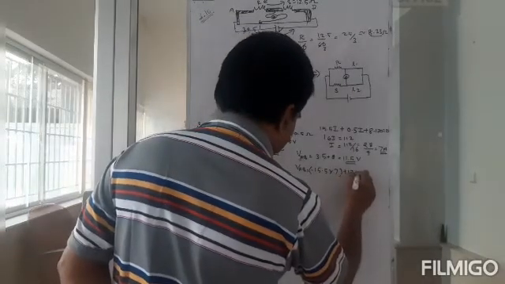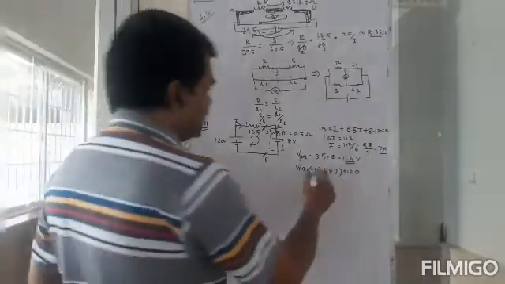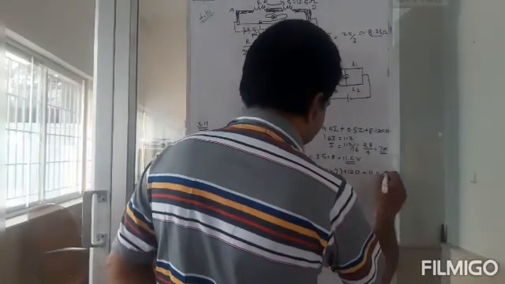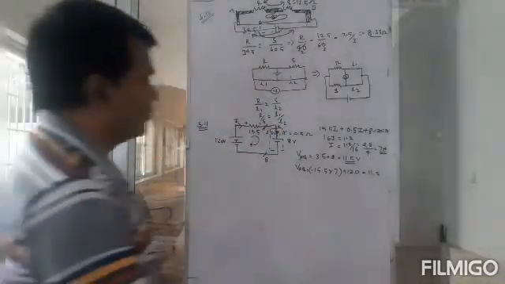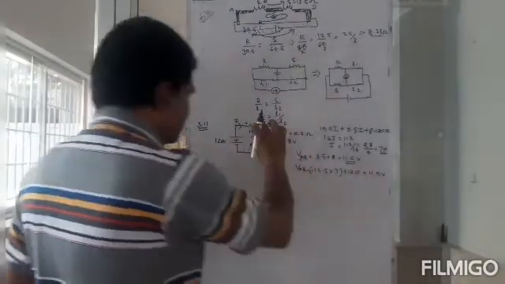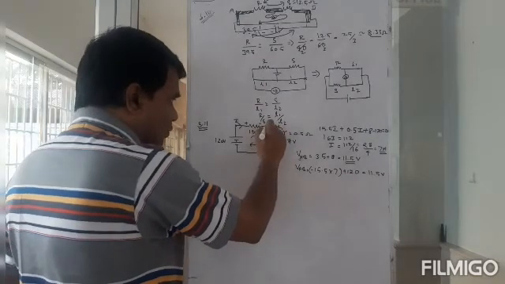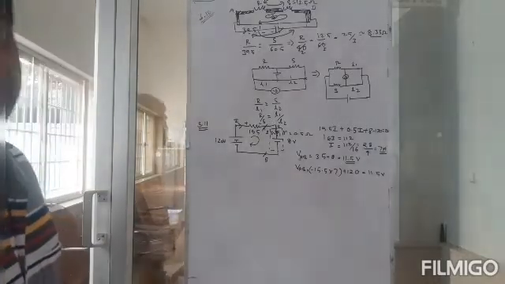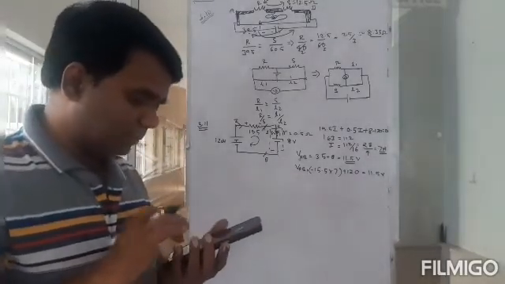So plus 120. And then I come back here. Okay? So if you do this, it will also be equal to 11.5 volts. So to find the potential difference between A and B, I can go like this or I can go like this. In both ways, I will get the same value. Okay, so that is how we do this problem.